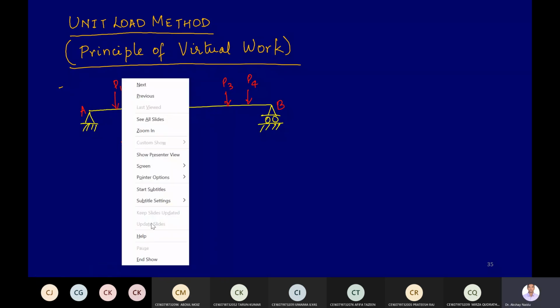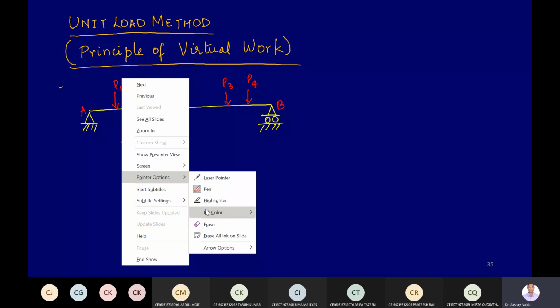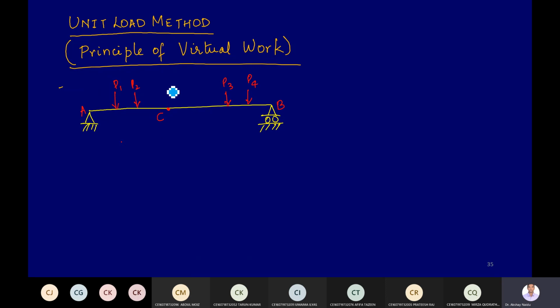So what do I do? Now, in the principle of virtual work or this unit load method, we add a fictitious or the dummy load. This is not the actual load. This is the dummy load.